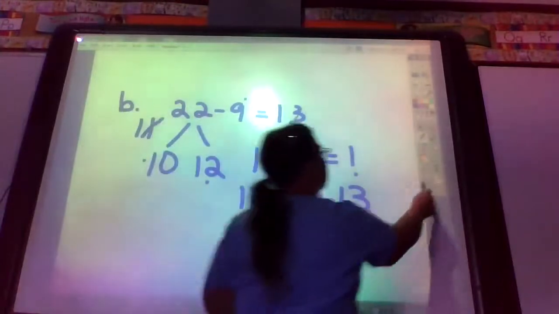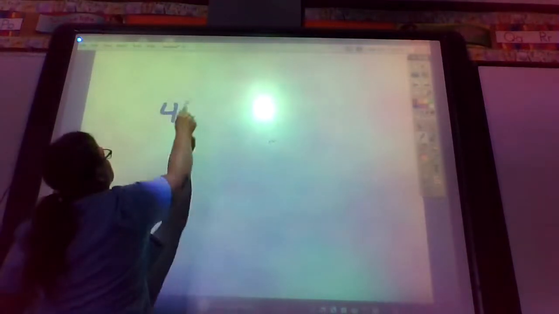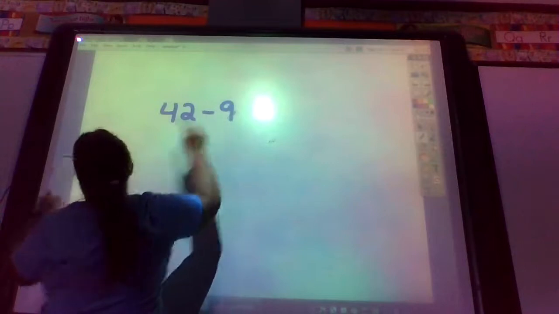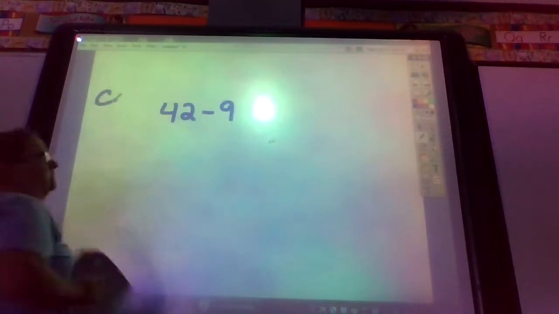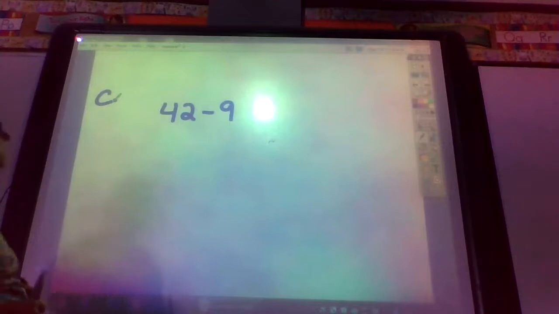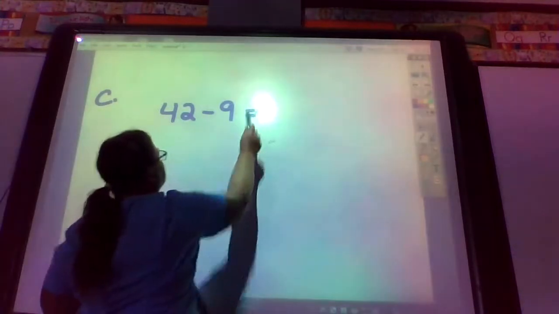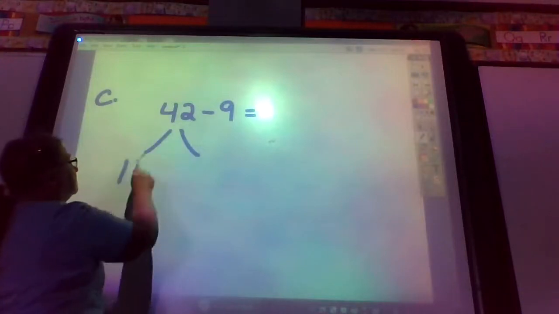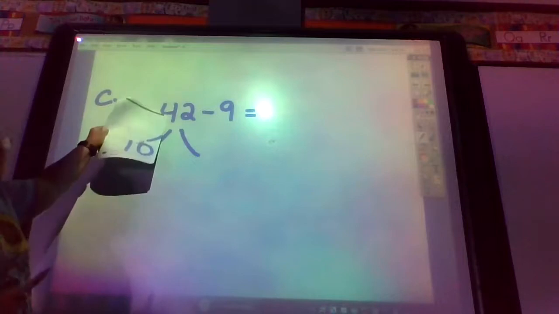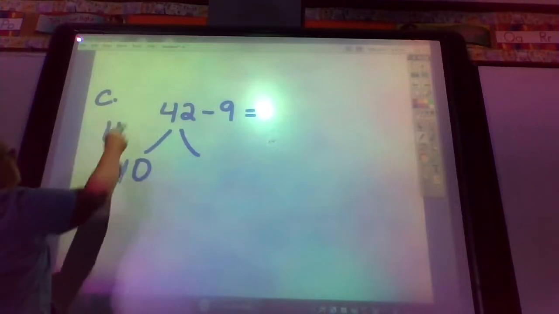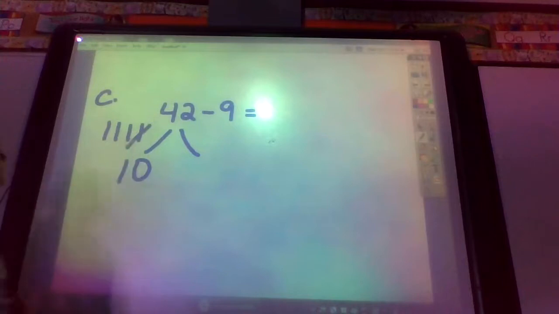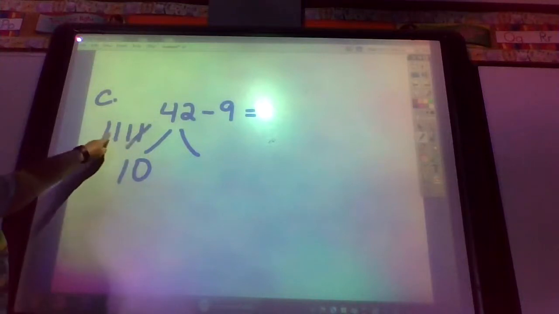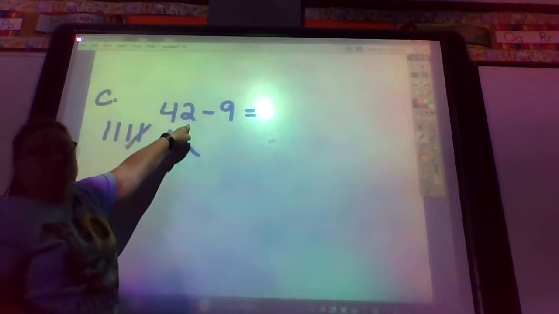We're going to try one more together, and then you're going to do some work on your own. So let's do 42 minus 9. That's problem C. First thing we're going to do is take 10 out. I have 4 10s. 1, 2, 3, 4. I take 1 away. I have 10, 20, 30, 2.